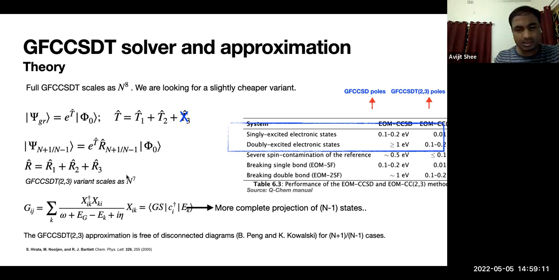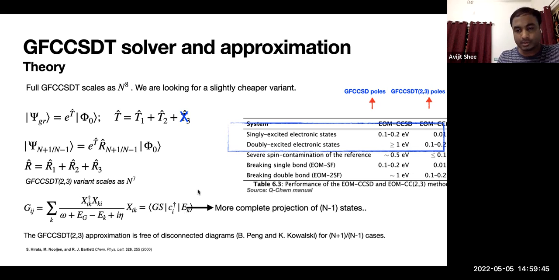And one rationalization of this choice is that if we consider the Lehmann representation, there appears the projection of various n+1 and n-1 particle states, and in this projection we have used higher truncation. So that means this projection is more complete in this approximate route.